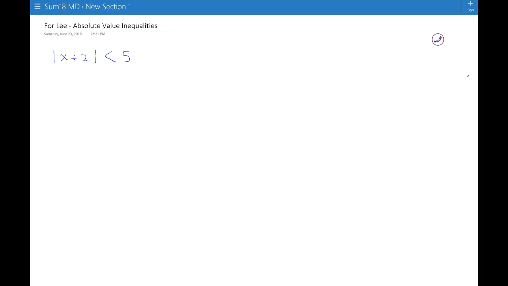So this type can be rewritten as -5 is less than x plus 2 is less than 5, which means the same thing as x plus 2 is less than 5 and x plus 2 is greater than -5.